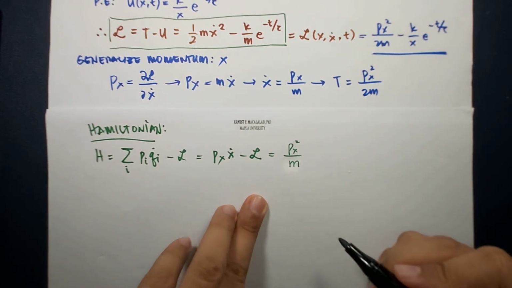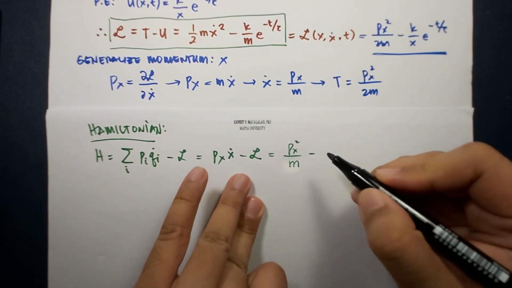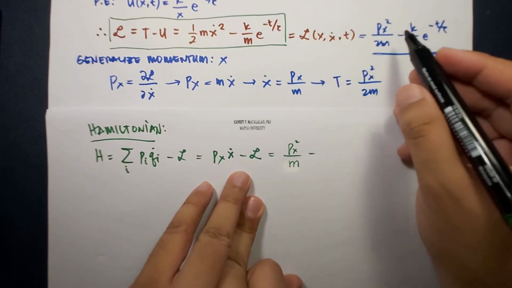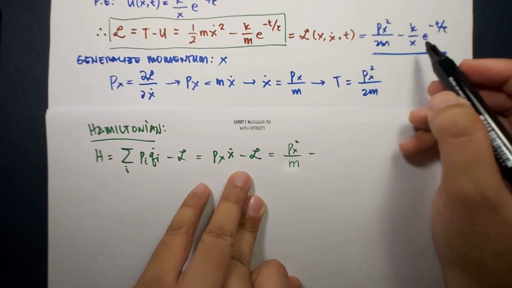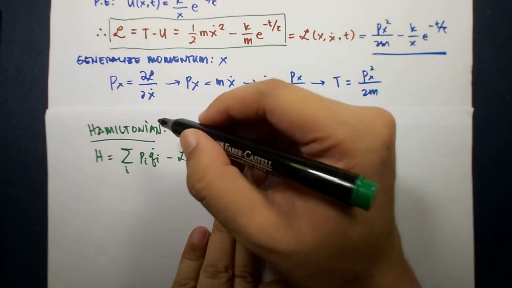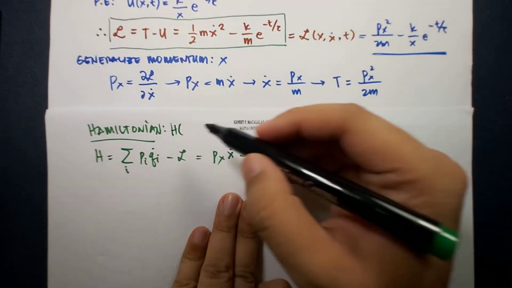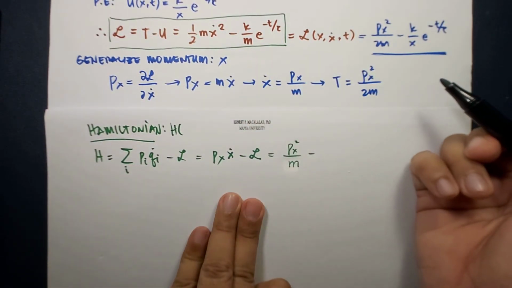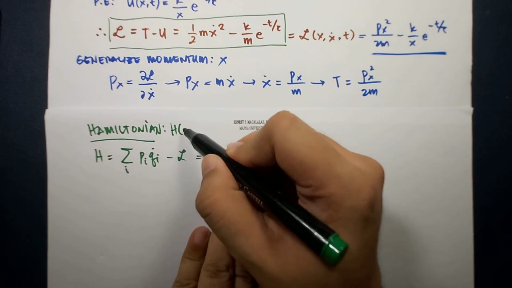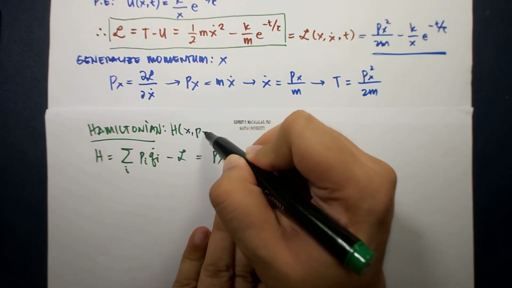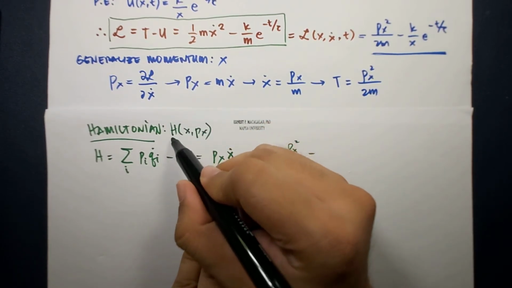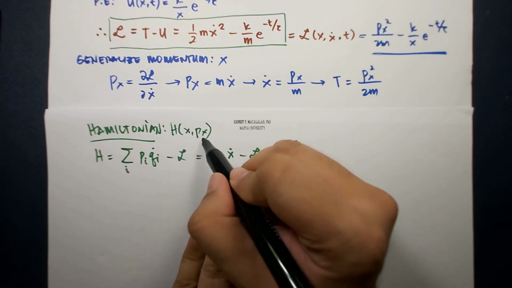And then minus the Lagrangian in terms of px and x, because remember that the Hamiltonian must be a function of position and generalized momentum. So in this case, x and px. So this is our goal: the Hamiltonian in terms of x and px.